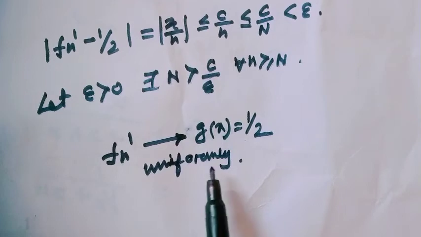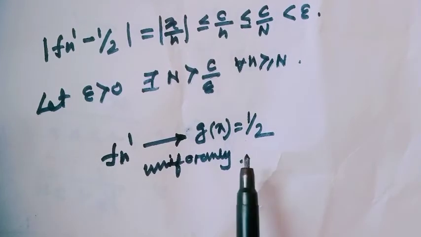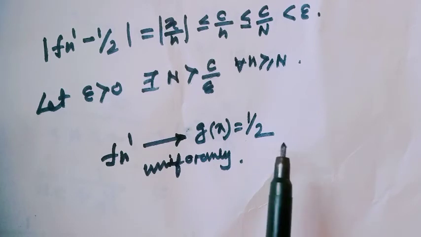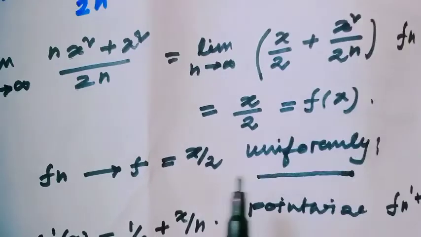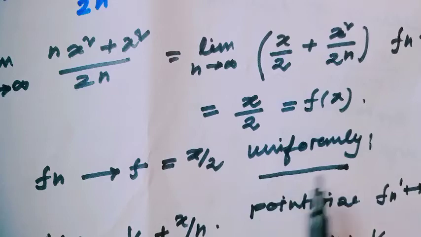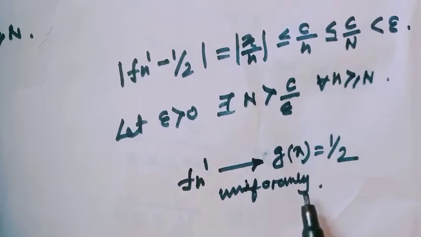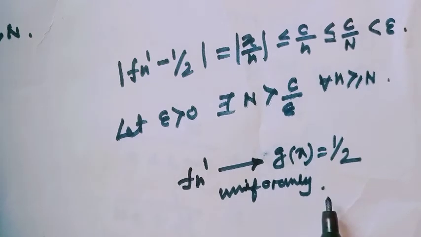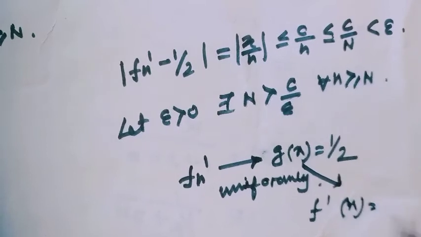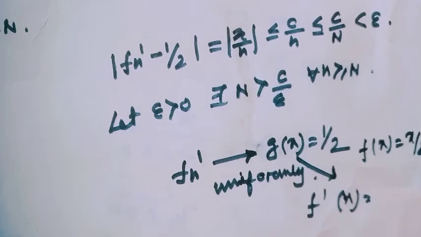Since Fn dash converges to g uniformly, our given function Fn converges to f, which is x over 2, uniformly, and this g is actually f dash x, because f(x) equals x over 2.